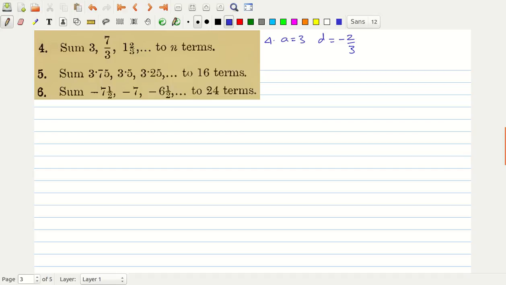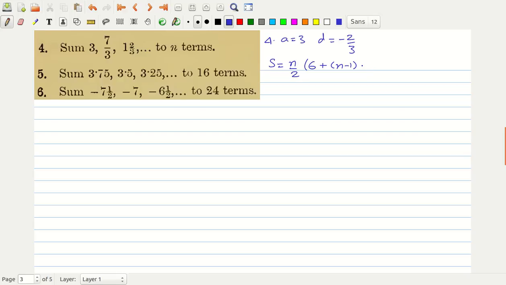Now, over here they are saying that you have to find the sum up to n terms. So, s is equal to n by 2. What is 2 times a? 2 times a is 6 plus n minus 1. What is d? It is minus 2 by 3.